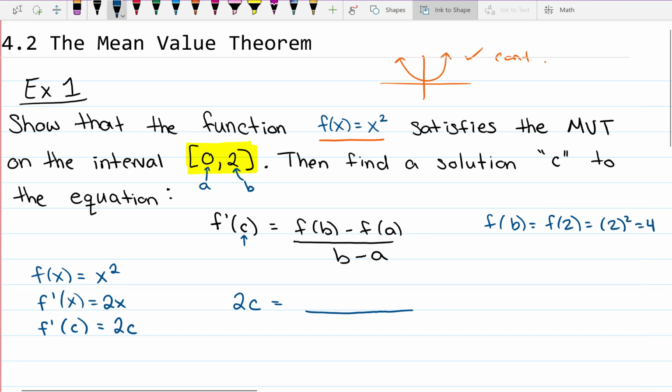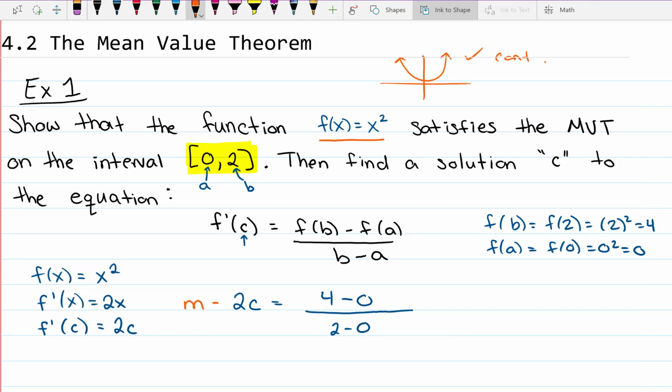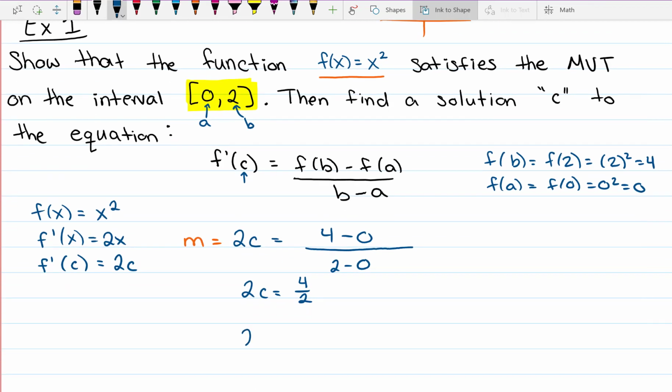This right here is a, so f of a is equal to f of 0, which is just 0 squared, which is 0. So you're going to get 4 minus 0 over 2 minus 0. Now keep in mind, this whole thing is equal to slope any way you cut it. So we get that 2c is equal to 4 divided by 2. So 2c is equal to 2.